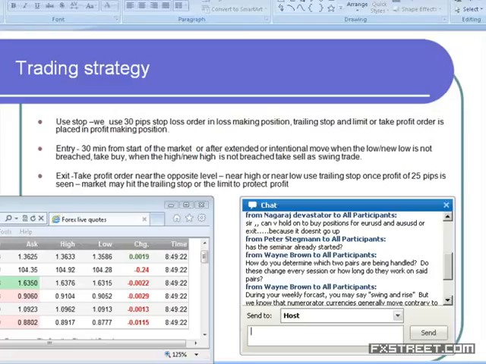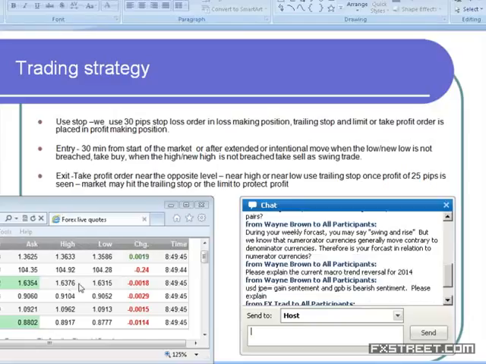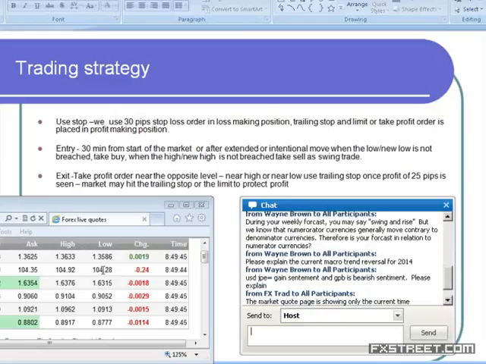And how do you determine which two pairs are being handled? Okay, as I explained, if you watch from the Japanese session, you will know that any pair which makes more than 40 pips spread between the high and the low, that pair they are handling. You see invariably that they either handle the yen and Australian dollar during the Japanese session.